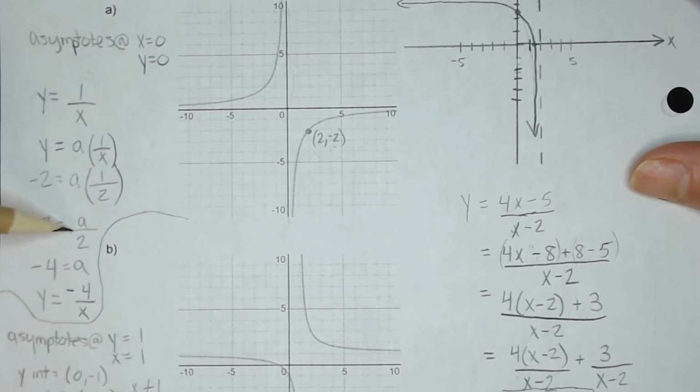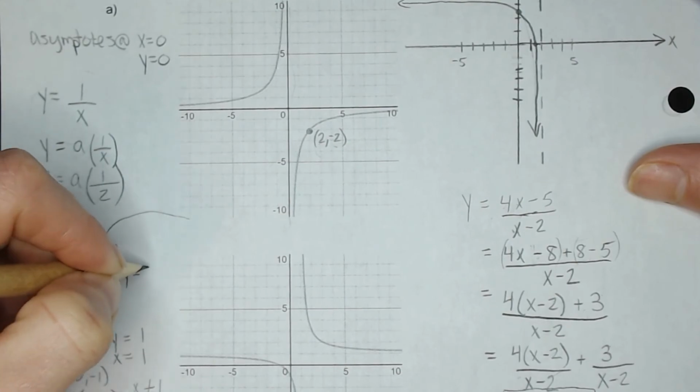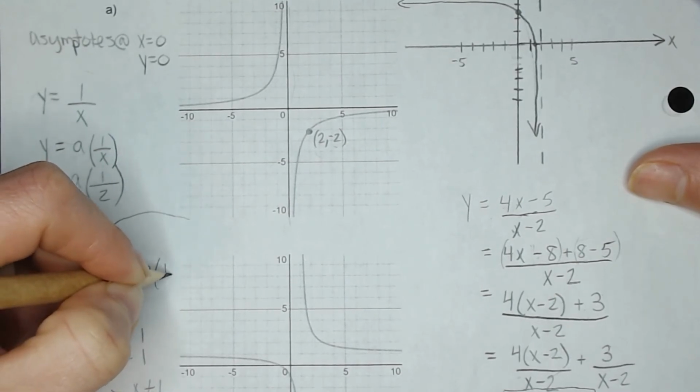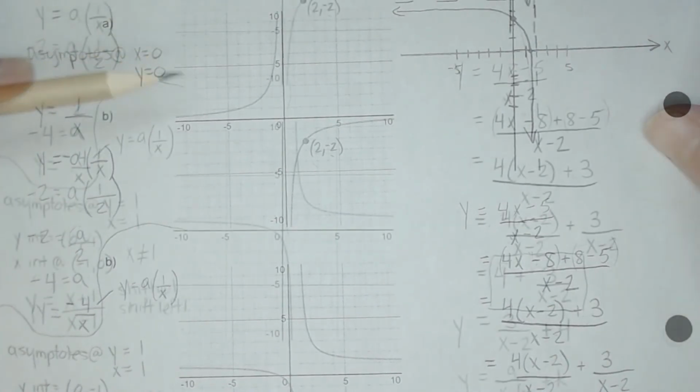Of course, if we simplify that, that's a over 2, and then we're just isolating the a. So 2 times -2 gives us -4 equals a, and we will have y is equal to -4 over x. Keep in mind this is equal to y is equal to a times 1 over x, if you're confused about where that -4 came from.